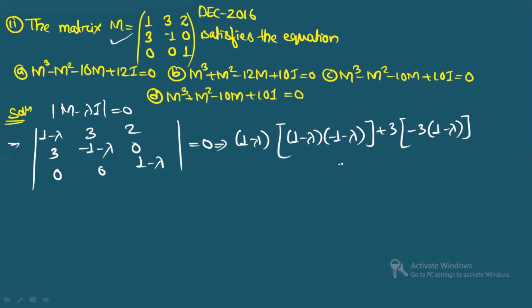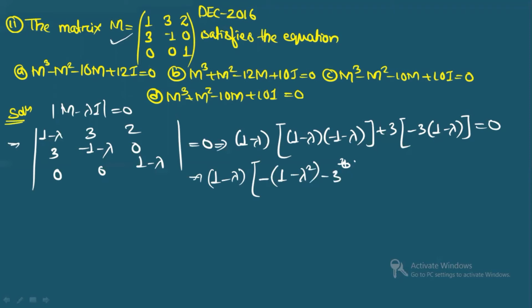The last one is plus 2, this into this is 0, so there will be no third term. So finally, I'm taking (1 minus λ) common from both. And if I take minus common, this is (1 plus λ), and this is (1 minus λ), that is a square minus b square. So (1 minus λ) square, right? And this is what?